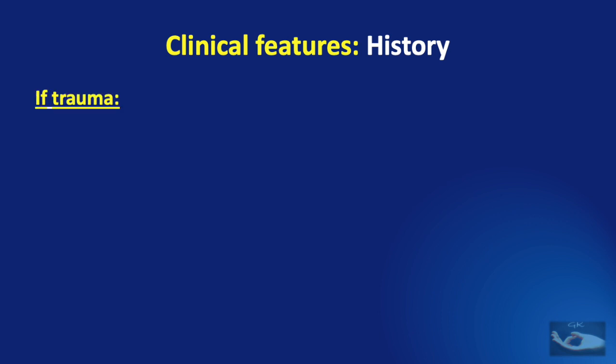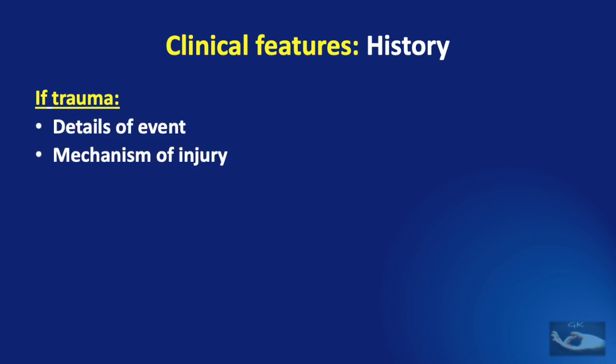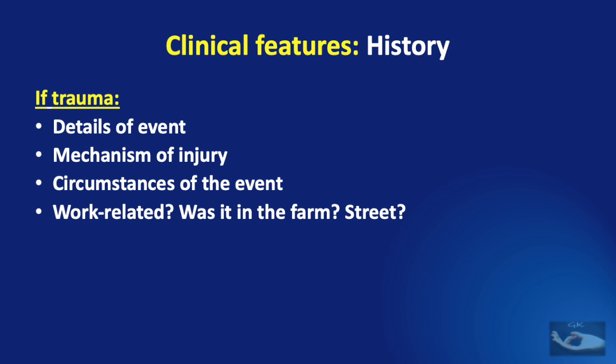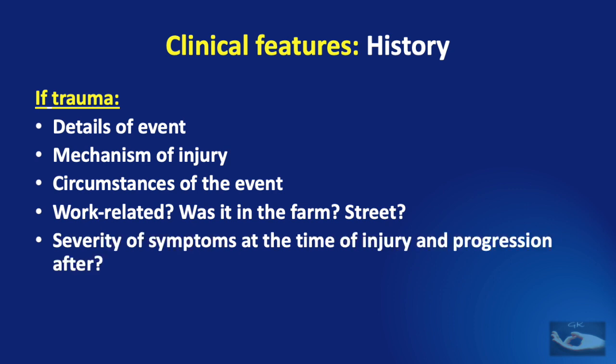If trauma has been the cause of the fracture, we need to get some additional details, like the details of the event, the mechanism of the injury that caused the fracture, the circumstances of the event. Was it work related or was it in the farm or a street? This would indicate the level of contamination. The severity of the symptoms at the time of injury and the progression after that should also be noted, and any other injuries must also be asked for.